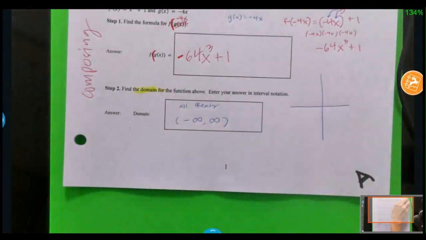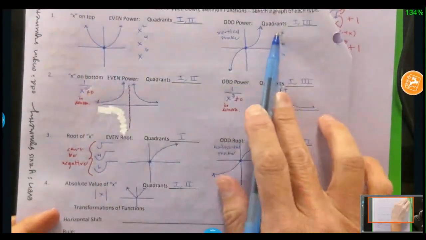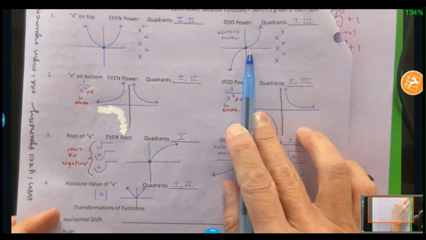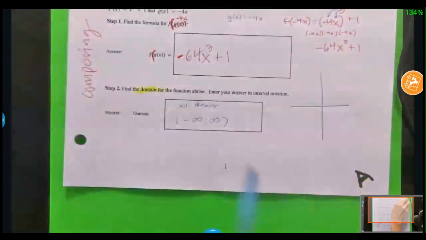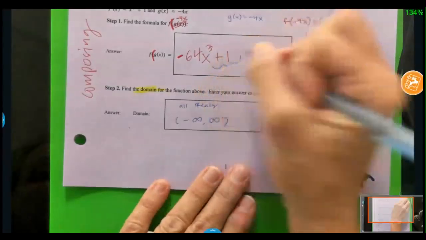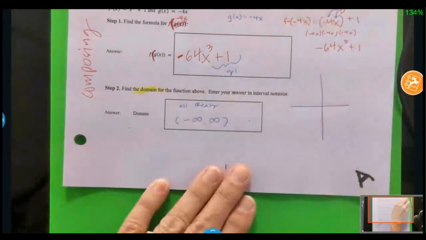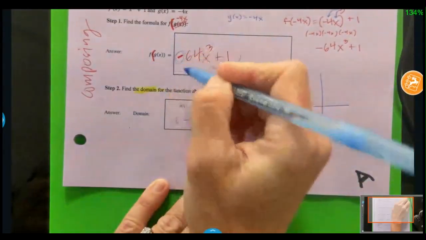We were on our packets, and we said, all right, if you have x on the top, which it is, and it's odd, it's going to be a vertical snake. What is the +1 going to do to that vertical snake? Move it up 1. What is this negative going to do?